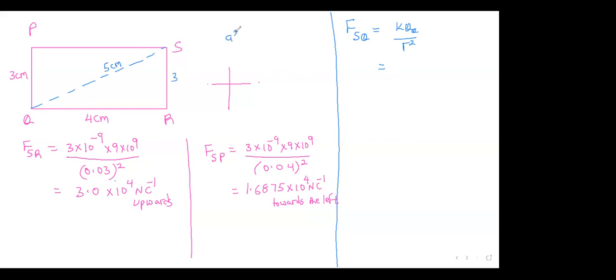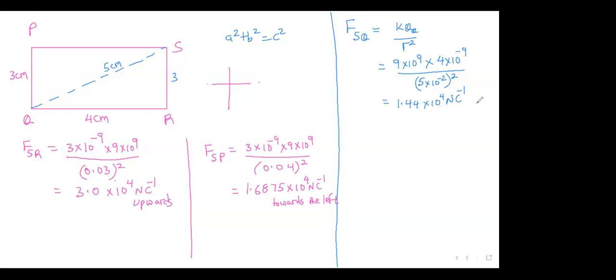So we shall have 9 exponent 9 times the charge at Q, which is 4 times 10 to the power negative 9, divided by 5 times 10 to the power negative 2, squared. The answer I get is 1.44 exponent 4.